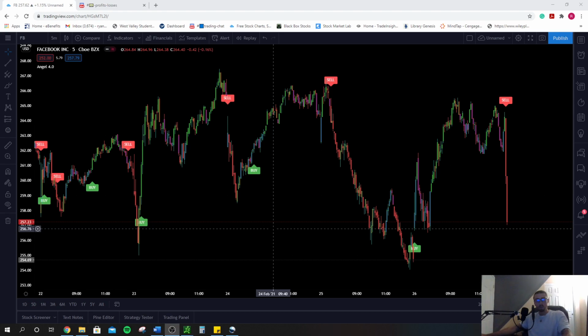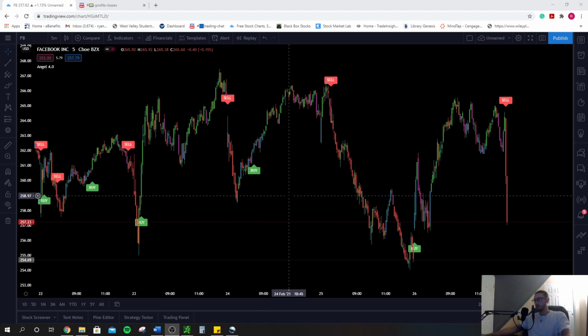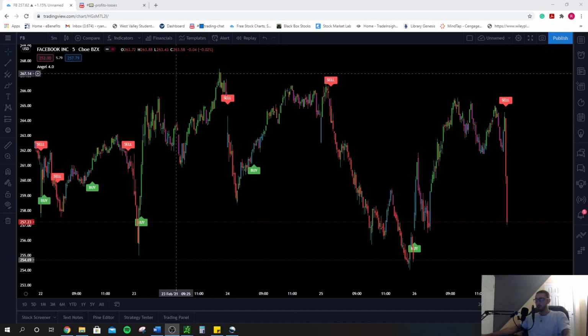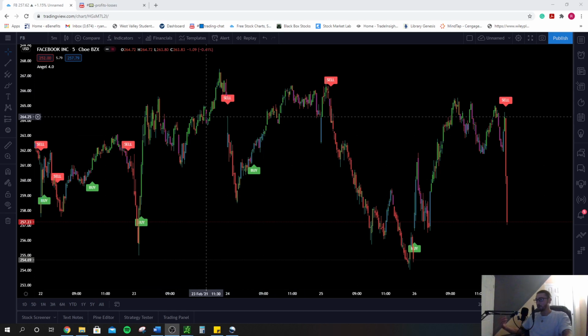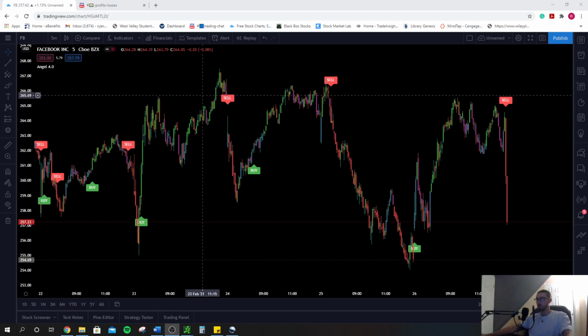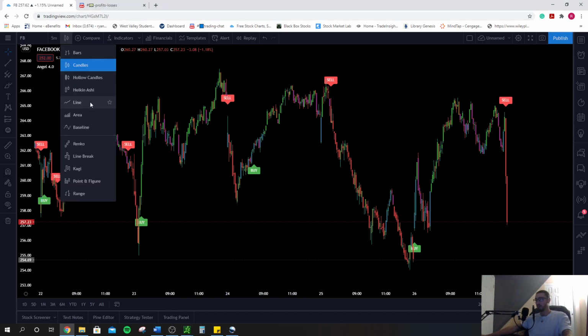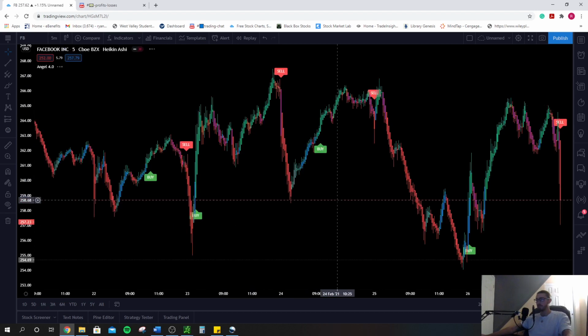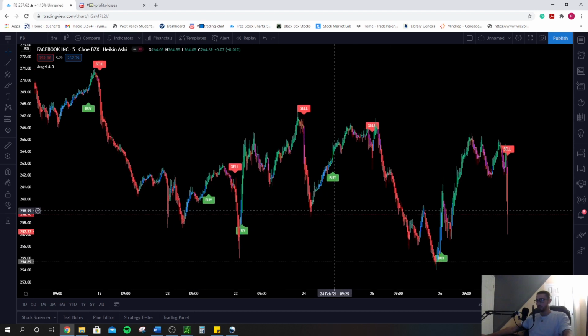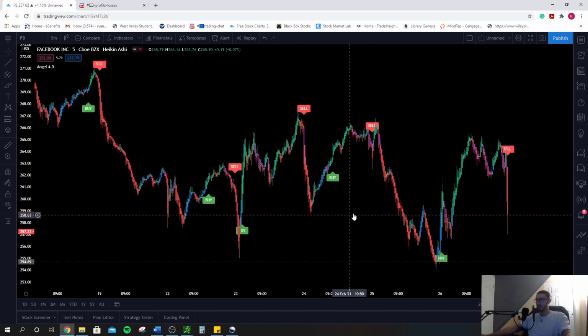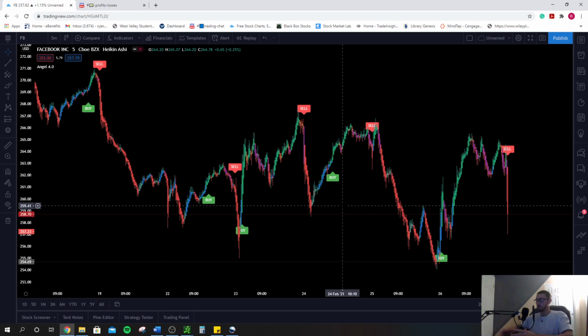So right off the bat, what makes our algorithm different from other algorithms? Our previous algorithms, as well as a lot of other algorithms on the market, use candles called Heikin-Ashi. Now, if you don't know what Heikin-Ashi is, it is a calculation of the data per candle. Each candle has an open, high, low, and close.